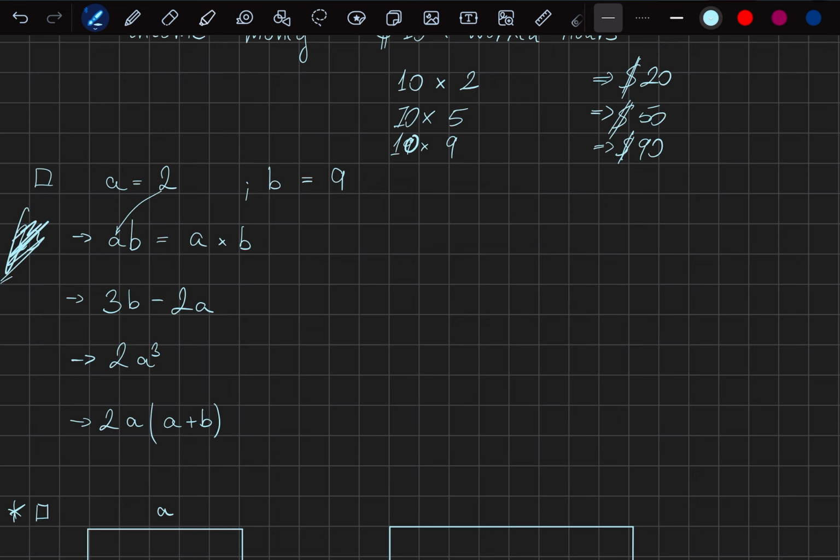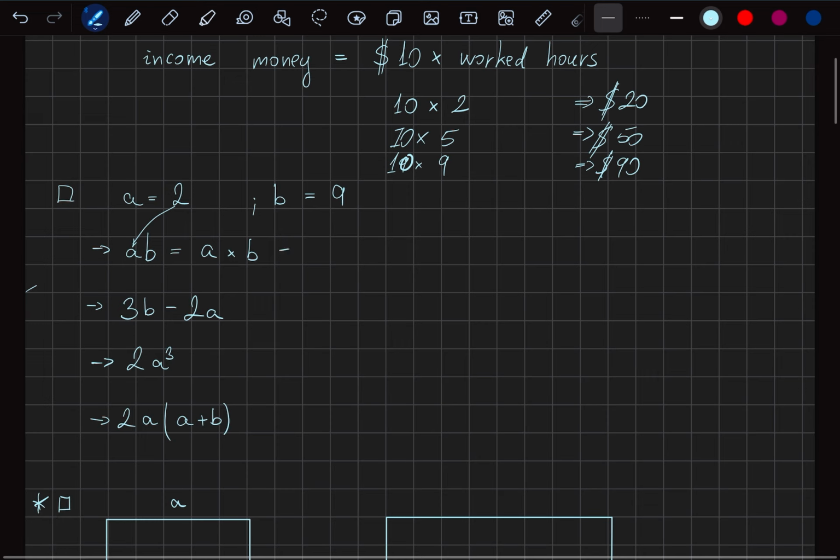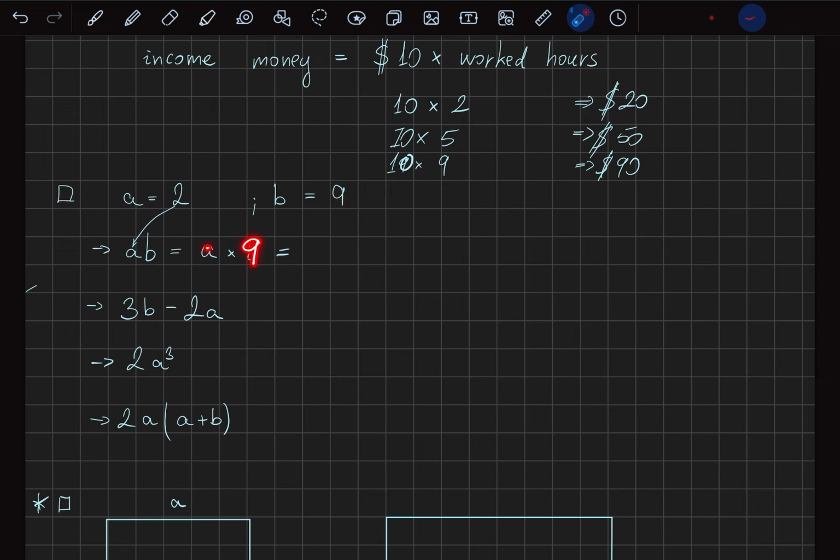It will not work like this. It's 2 times 9 if I substitute back. Basically, the b is covered by the 9, the a is covered by the 2. So 2 times 9, I can calculate this. This is 18.